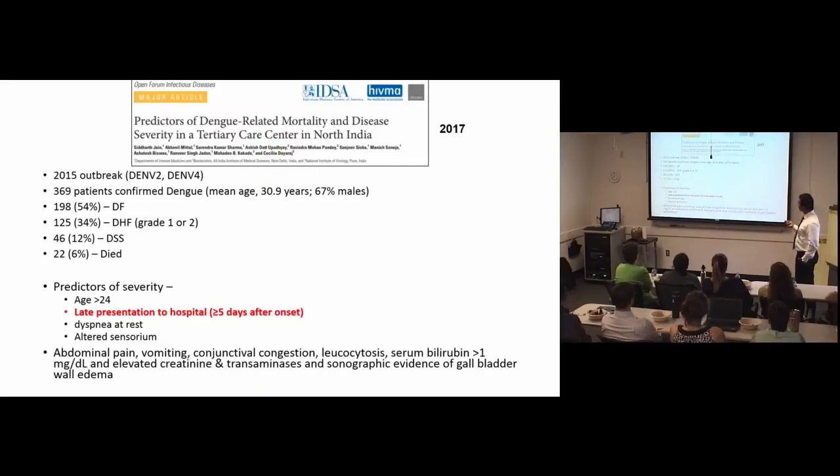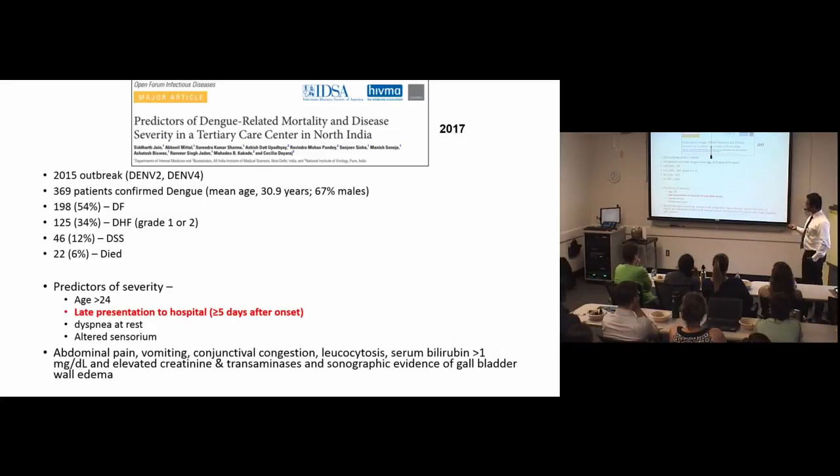So this is one recent study from North India, where they described a 2015 outbreak. Roughly 50% of the people had dengue fever, and out of those, roughly 50% had severe disease. Dengue shock syndrome and dengue death were about 12% and 6%, but when you compare it to the numbers of 350, it's a big number.